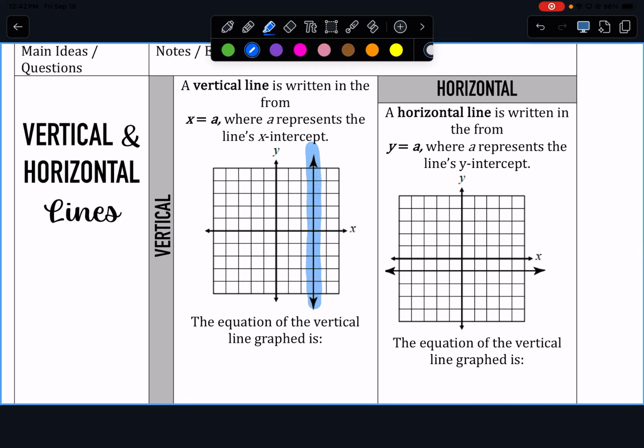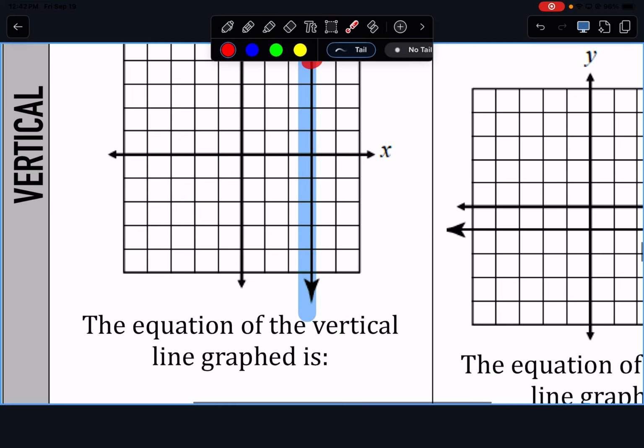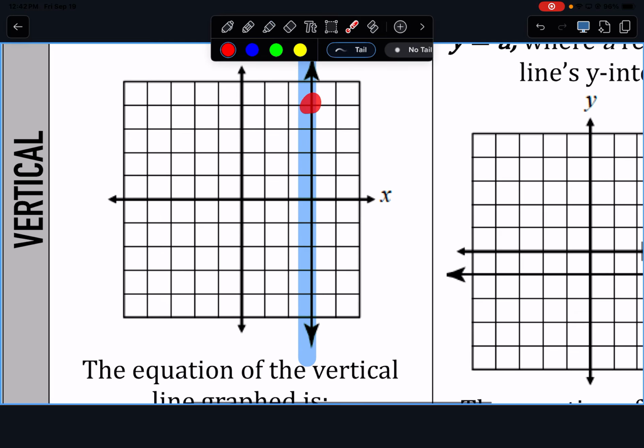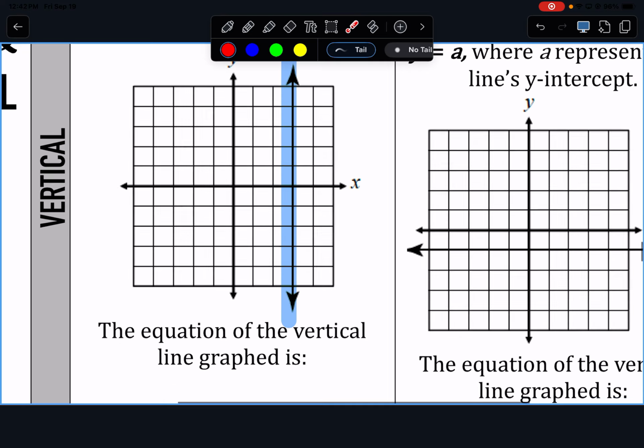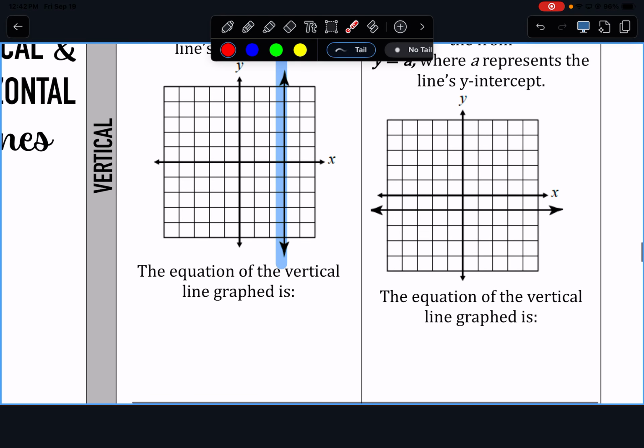Because at any point on that vertical line, it's going to have the same x value. What is the x value at this point here? 3. What is the x value here? 3. Here? 3. All of them have the same x value, so we use that as our equation.